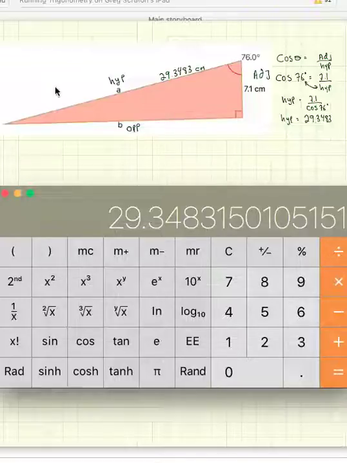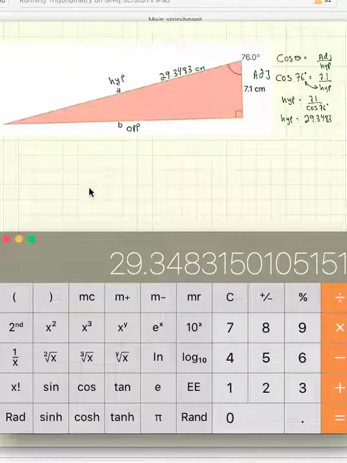All right, now I would like to find the opposite. So I have the adjacent, and I'm being asked to find the opposite. Well, opposite and adjacent make tangent. All right, so let's go and have a look at that. So I'm going to write my tangent ratio here.